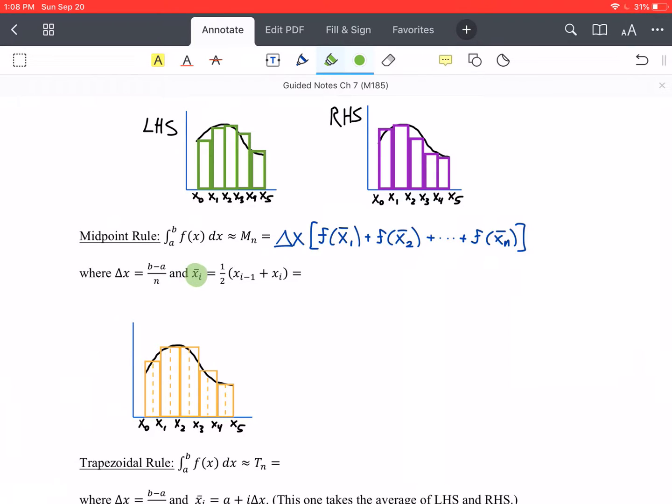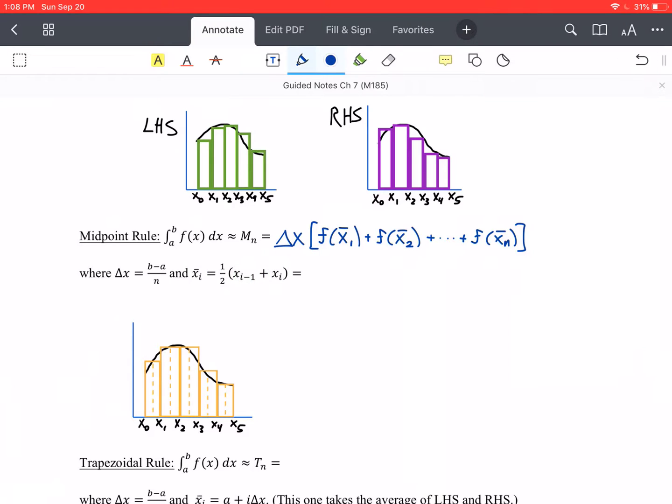And the x bar values, those are going to be the midpoints. So notationally, you take one of the x values plus the next x value and divide by 2. That's how we find the midpoint of a segment.